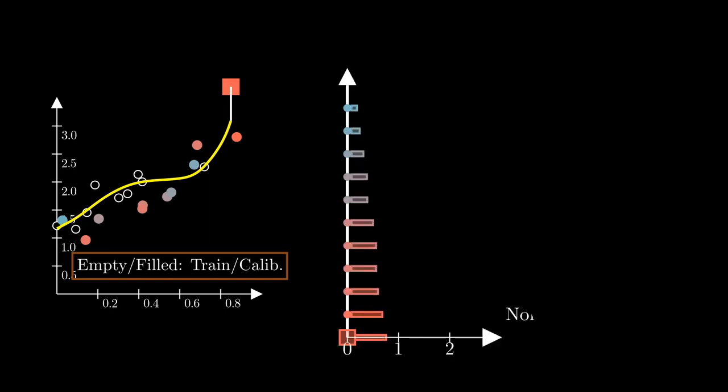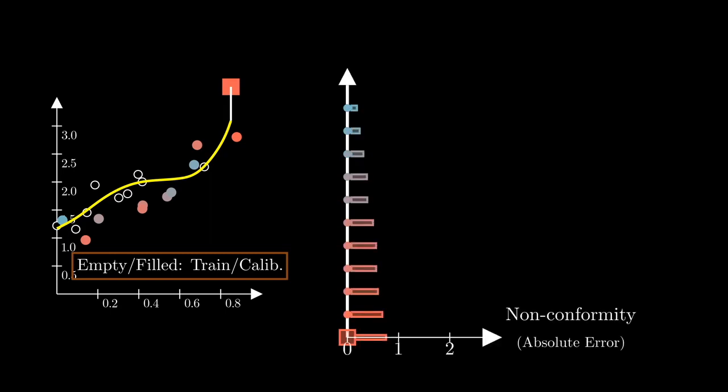What we can do instead is to exclude more points from the bag used for fitting. In other words, use only some of the points to fit the model, that is, the white empty dots here, and use all the other points, the filled dots, to construct the ladder and to compare the non-conformities.